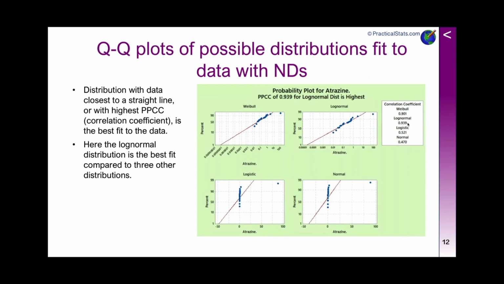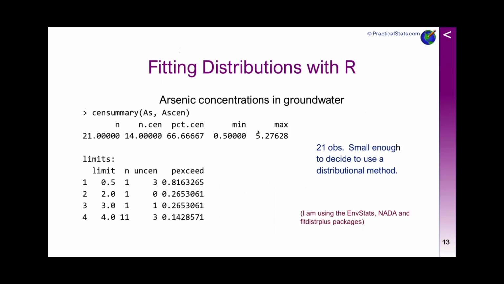So the log normal is much closer to being a straight line than the normal is, and it's a much better fit. The second best looks like it's the Weibull distribution, which is another skewed distribution here. So you can let the software decide how good the fit is to these distributions and then pick one of the best ones and use it in computing upper percentiles and the UCL 95.